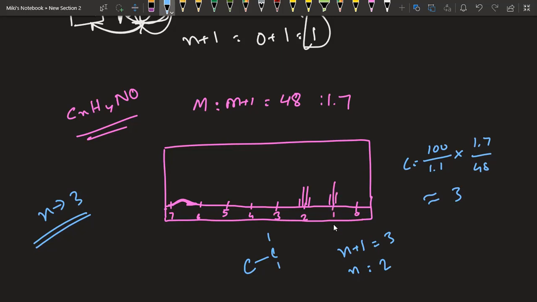Now, this was so far good. What about this one? Here we have a quartet. So if that's a quartet, that means n plus 1 equals 4, sorry. So that means n equals what? 3.